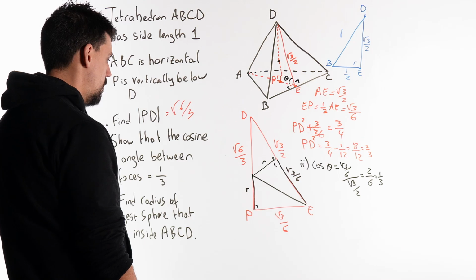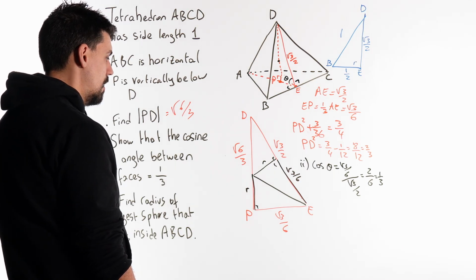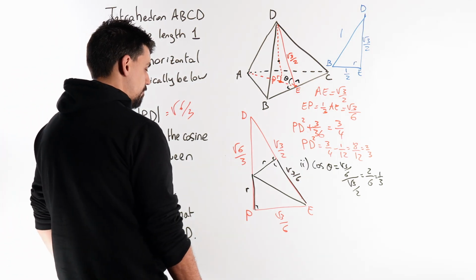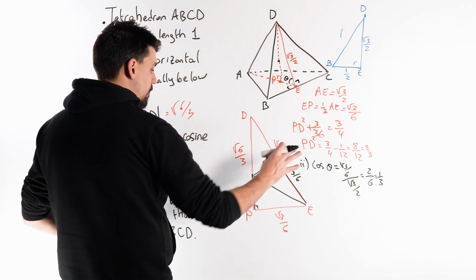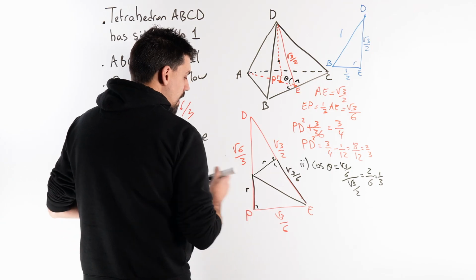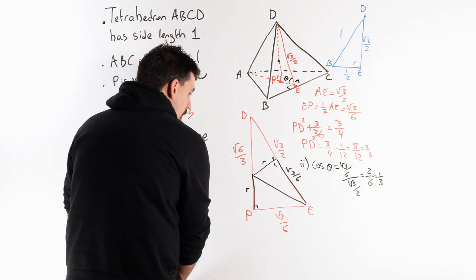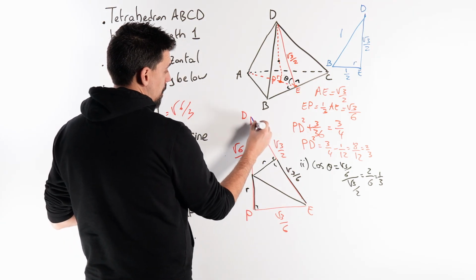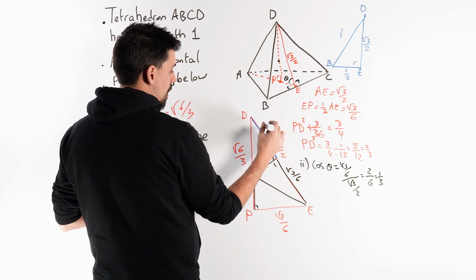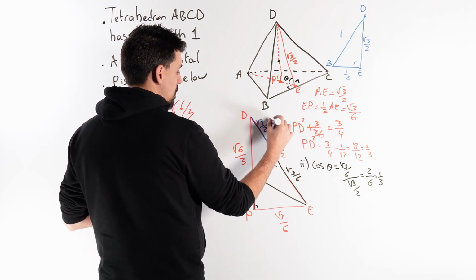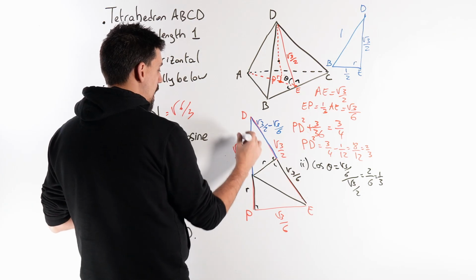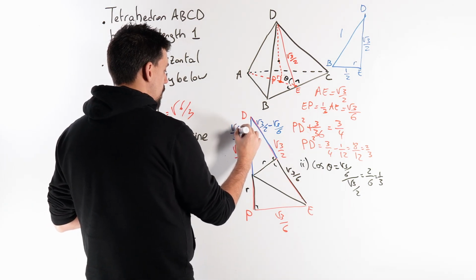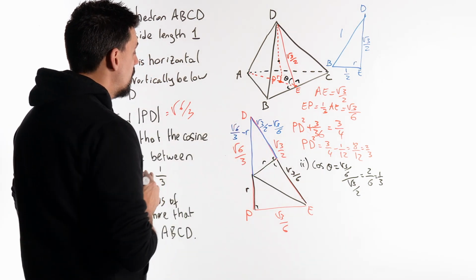Is it completely obvious? Yes. Fairly standard. So that does mean then that up here, that there becomes root 3 over 2 minus root 3 over 6. And that length there becomes root 6 over 3, take away R.